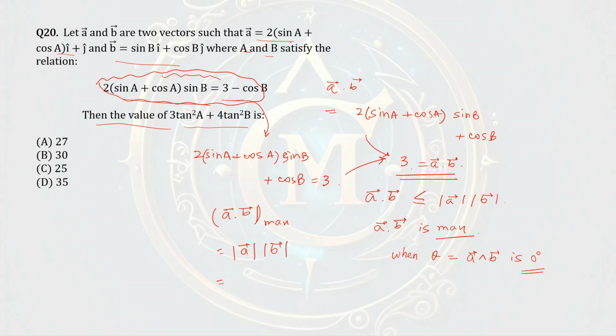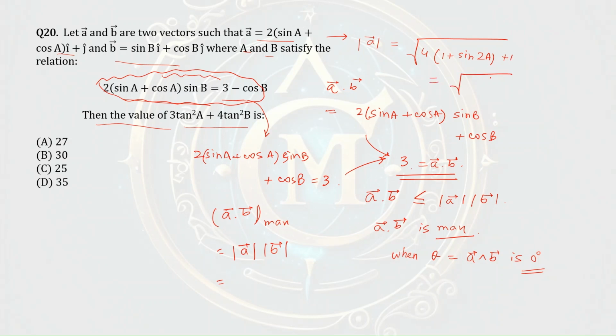So in this case, modulus of A, if we calculate, becomes root under 4 sin A plus cos A whole square. So it becomes root under 4 times 1 plus sin 2A, plus 1.